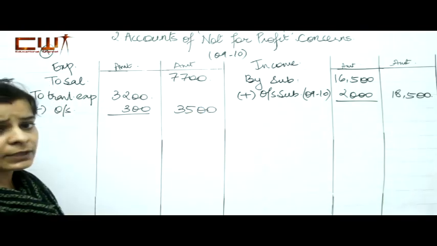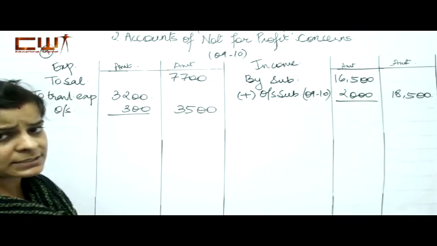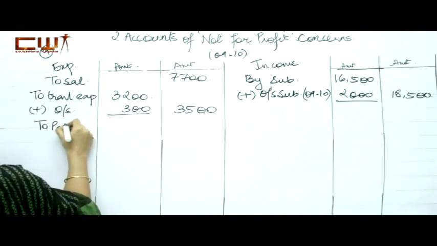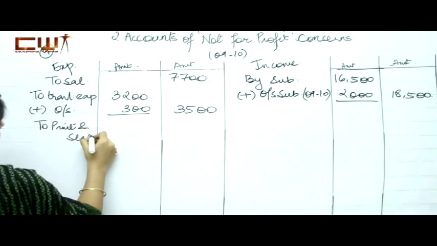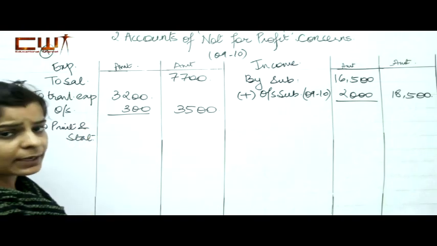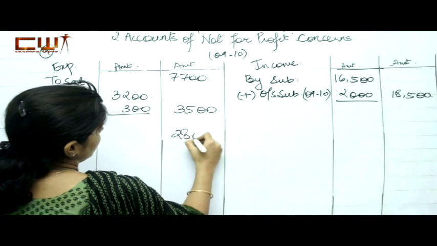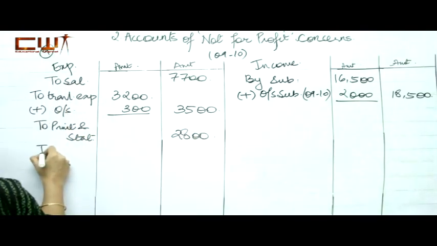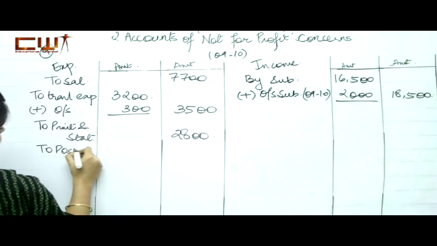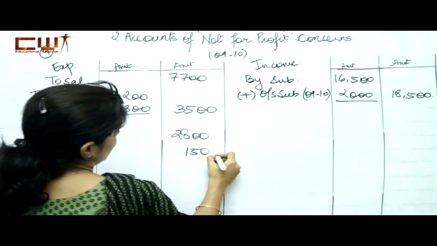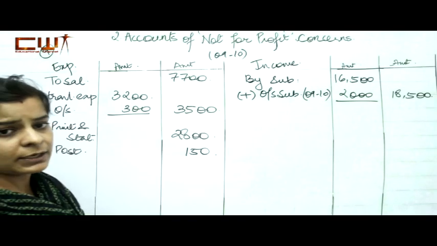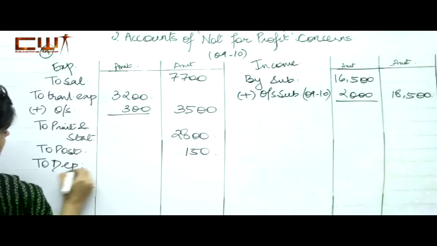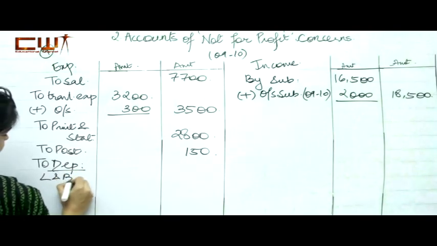Next you have printing and stationery, 2,800. There is no adjustment, so finally it will come on this side only, the main column, 2,800. Then you have 150 as postage. Then you have the depreciation on land and building.